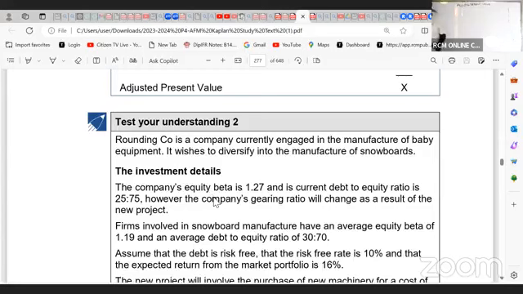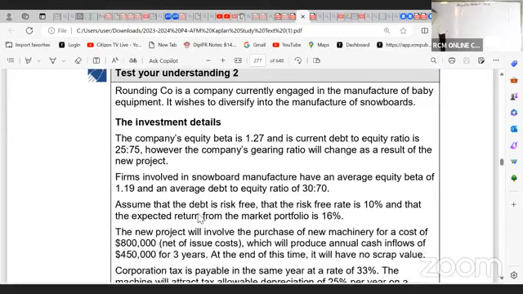Again from the beginning. The Rounding Company is a company currently engaged in the manufacture of baby equipment. It wishes to diversify into the manufacture of snowboards. The company's equity beta is 1.27 and its current debt to equity ratio is 25:75. However, the company's gearing ratio will change as a result of the new project.